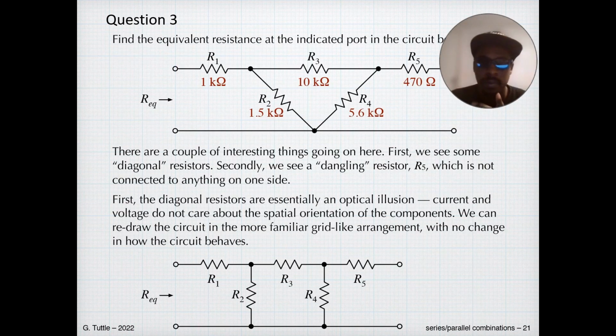Alright guys, so say for example we have an equivalent resistance to be found in a circuit like this, and looking at it from the left side, we can see that if the current was coming from R1, then it would have split up at that junction point right here, just before it goes into R5.